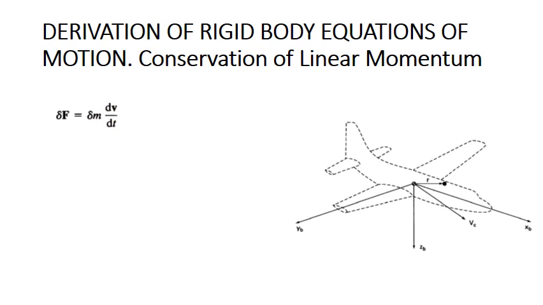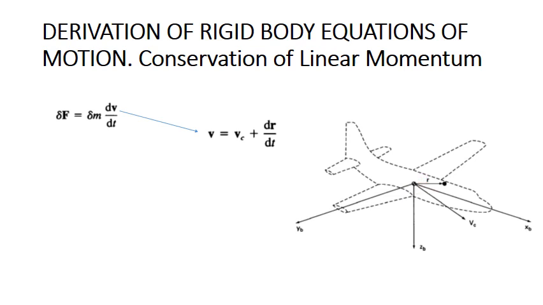The velocity of the differential mass dm is V equals the velocity of the center Vc plus the relative velocity dr/dt. So Vc is the velocity of the center of mass of the airplane, and dr/dt is the velocity of the element relative to the center of mass.